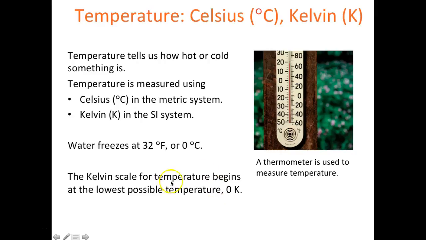So the lowest possible temperature for the Kelvin scale is 0 K, and therefore the Kelvin scale is always positive, whereas in Fahrenheit and Celsius, you do have negative temperatures. The other difference you can see is the symbols. There's a degree symbol for Fahrenheit and Celsius, but Kelvin doesn't have that degree symbol.